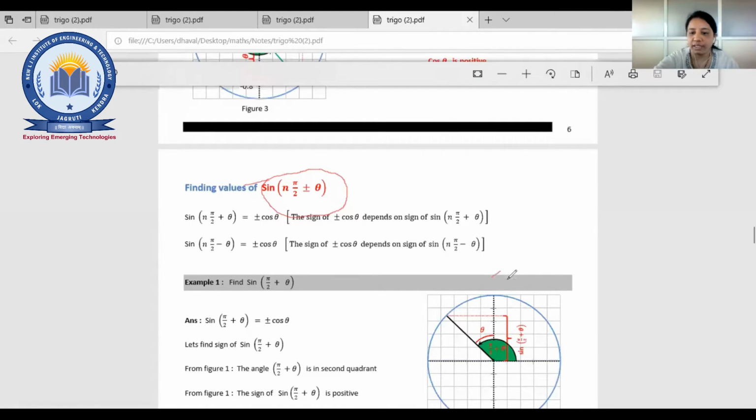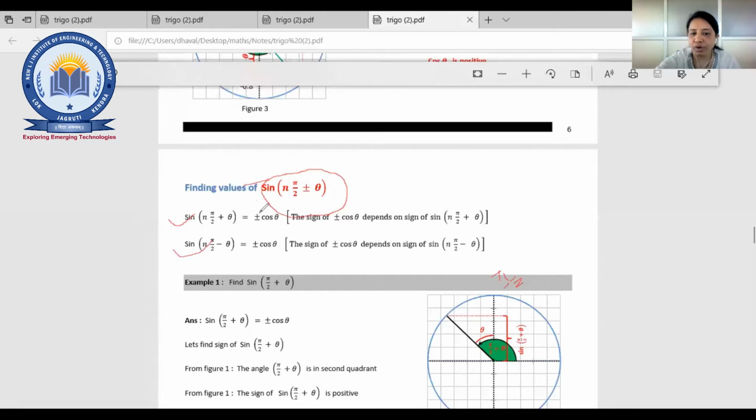So we know that here it is pi by 2, so pi by 2 plus or minus theta. Both sine of pi by 2 plus theta and sine of pi by 2 minus theta, and again for cos also the same.